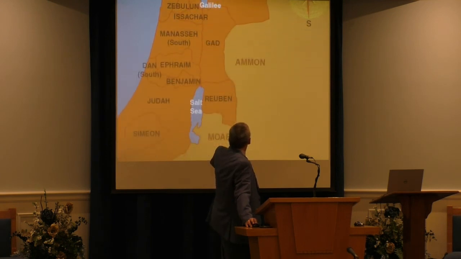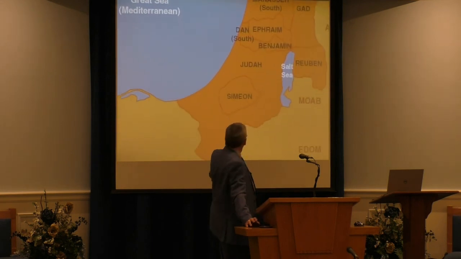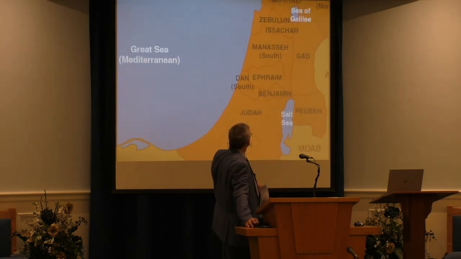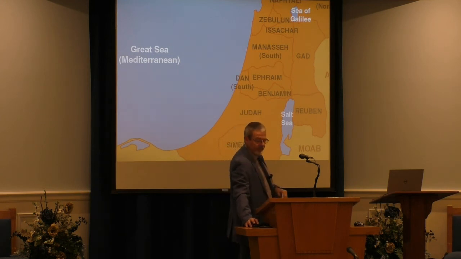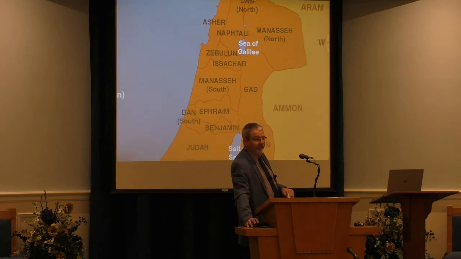So let's start at the bottom down here. We have Judah and Simeon right in the middle. Let's go to the north of that, and you should have Benjamin, and you should have Dan to the south. And then we should have Ephraim right above that. And then you should have Manasseh, half a tribe of Manasseh just above Ephraim.